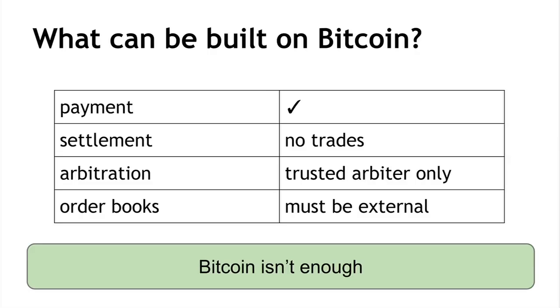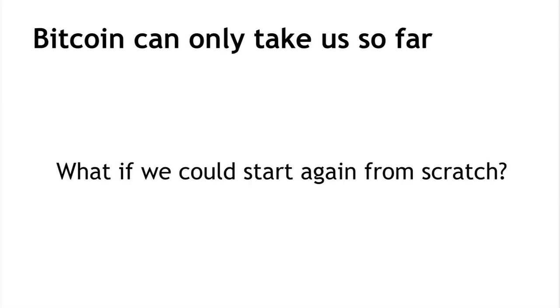And this is a lead-in to what is going to be covered in the next lecture, which is altcoins. So the observation is that for some things like prediction markets, Bitcoin only takes us so far. It really doesn't get us where we want to go in terms of building a secure, decentralized prediction market, and a decentralized order book, and all those other things. So what if we could start again from scratch?